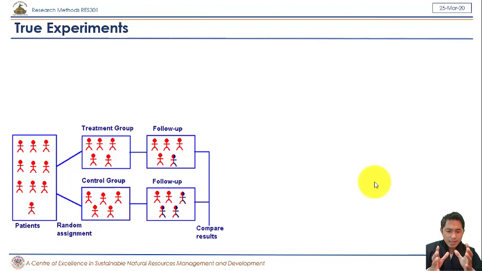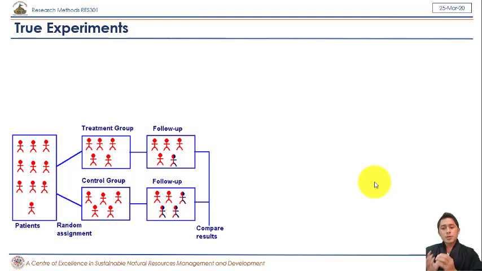A true experiment is when we have an experimental group at one side, and a non-experimental or control group at the other side. So in order for us to do any kind of experiment, what we need is a case and a control, or experimental group and a control group.